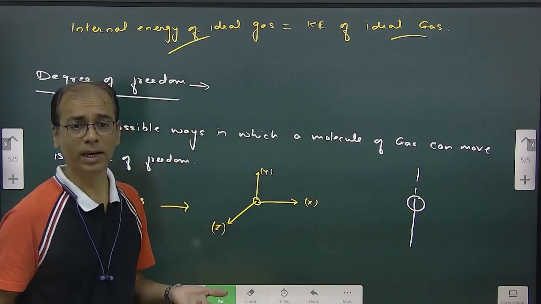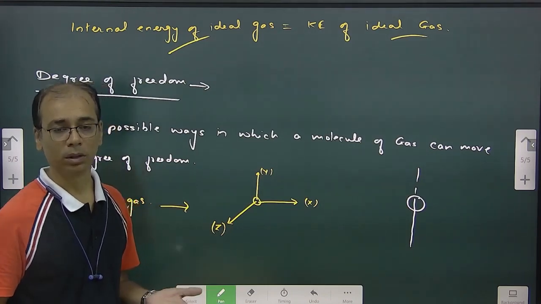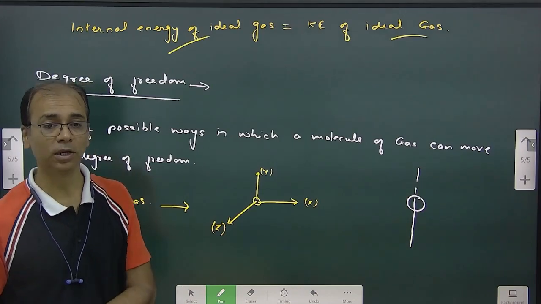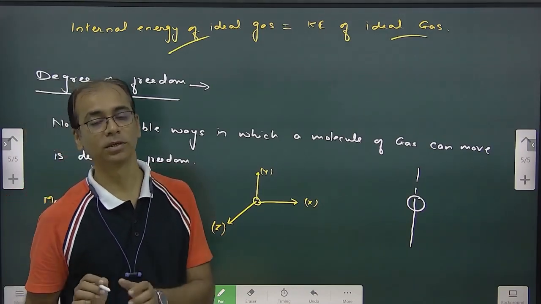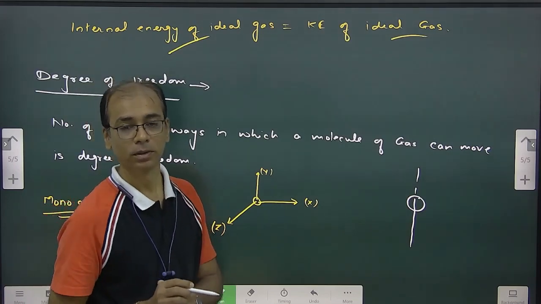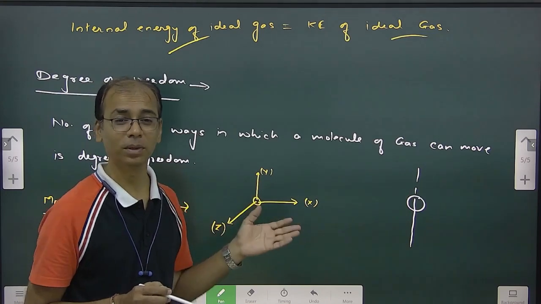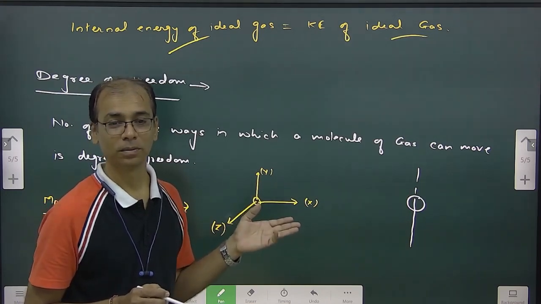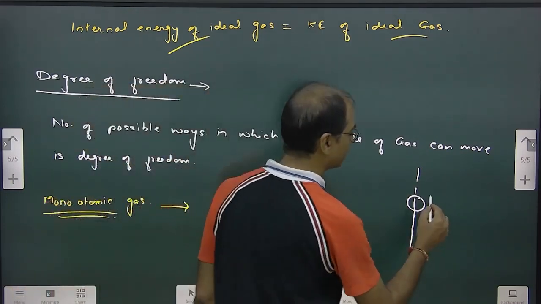If we consider that the radius is 10 to the power minus 10 meters, but the mass is in the nucleus, that means the radius is very small. So what will be its moment of inertia? Almost 0. So moment of inertia itself is 0.